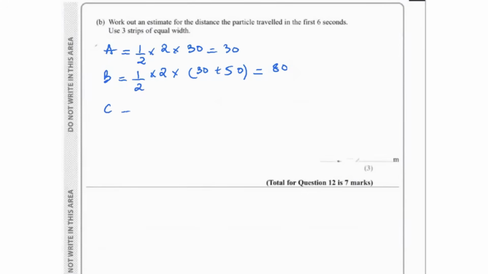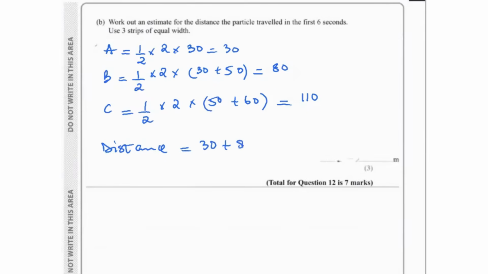And the third one, half times 2 times 50 plus 60, which is 110. So your distance is going to be the sum of all of these, 30 plus 80 plus 110.